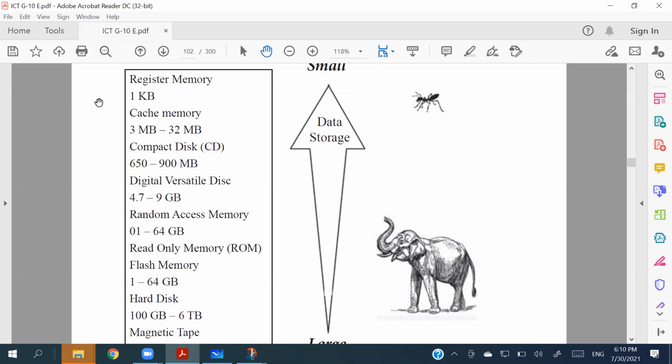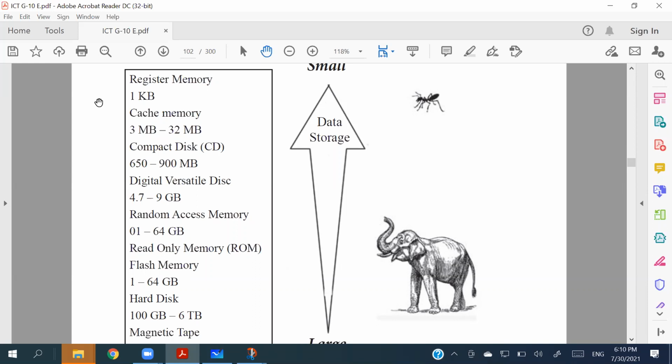So that register memory is the smallest storage in our computer, which stays inside the CPU.